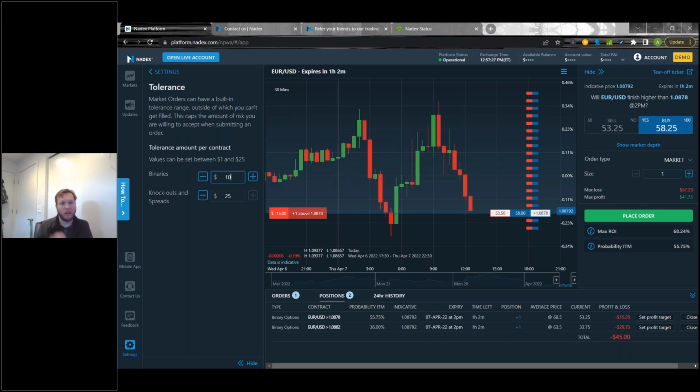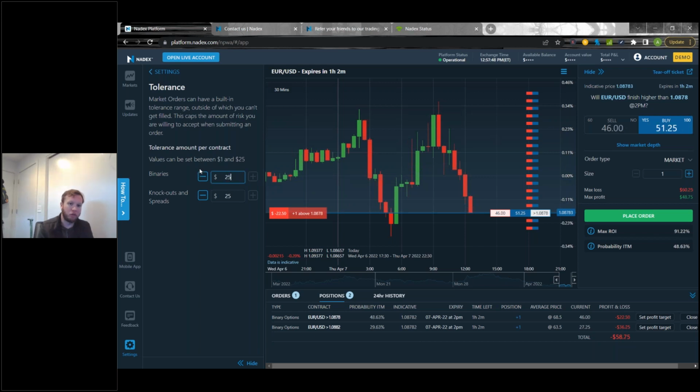So basically that's what that tolerance level is. If you set this really low, right, like if you set this to $1, you're always going to make sure that your orders that are going in are getting filled right at the price you're seeing, but you have a lot higher chance to not get filled, because if it goes over $1 away, it's not going to fill you.